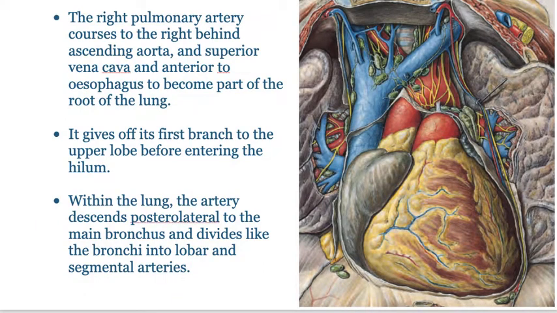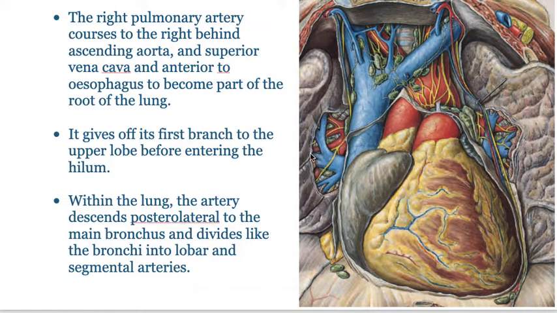The right pulmonary artery courses to the right behind the ascending aorta and the superior vena cava, and is anterior to the esophagus and becomes a part of the root of the lung.